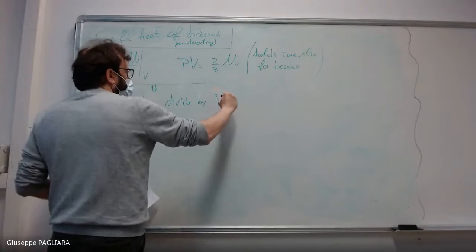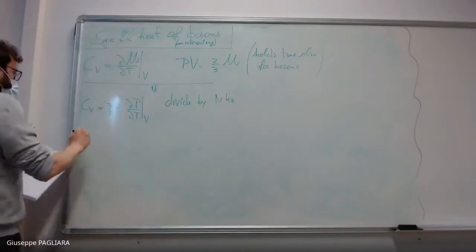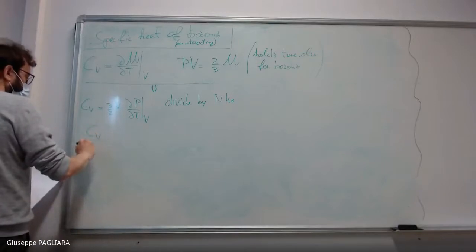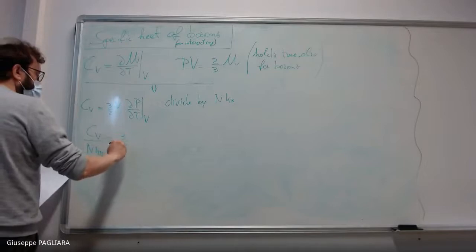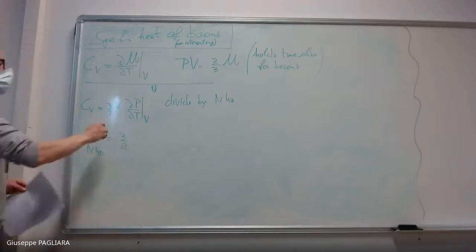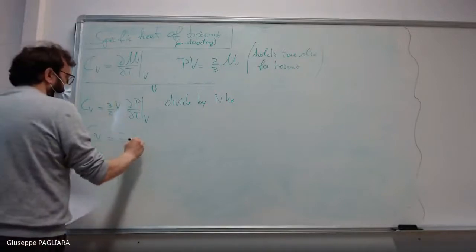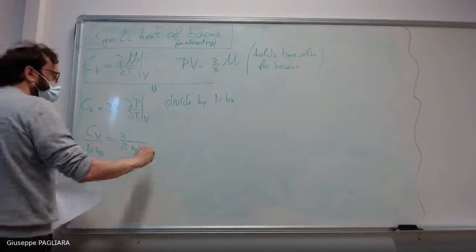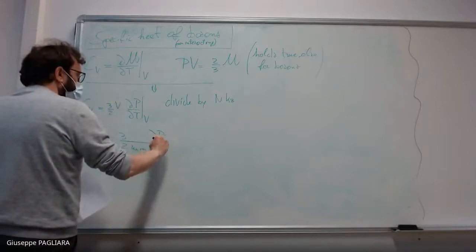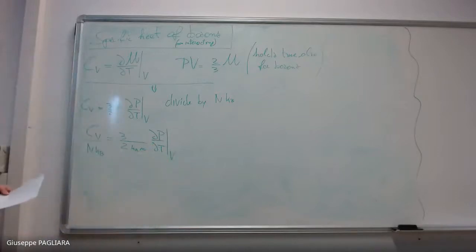Therefore this Cv divided by N kB is equal to 3/2. When I put here n, I have a density, therefore this is kB small n, which is the density, and then I have the derivative of P with respect to temperature at fixed volume.